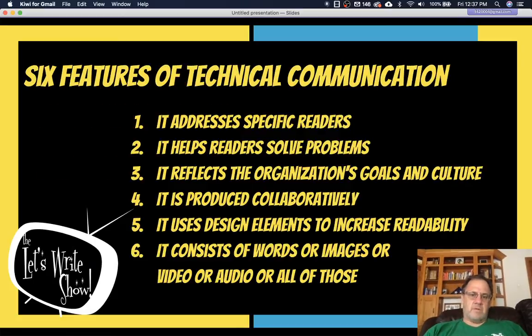All right, so we have these features of technical communication, right? Technical communication addresses specific readers. So for your peanut butter and jelly sandwiches, who did you write those for, right? Who was the specific reader? We didn't have one.